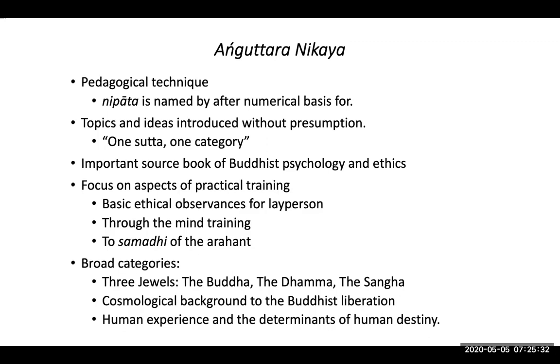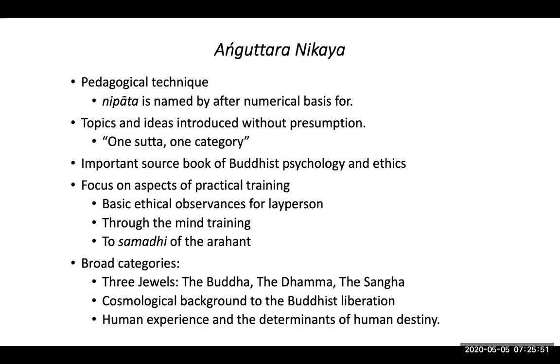The subjects range from the basic ethical observance recommended to the busy layperson, through the pillars of mind training, to the highest meditative state, the samadhi or concentration of the arahant.